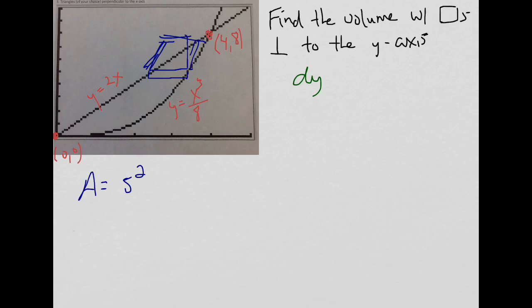What that means is that just like when we've done our rotational volumes, I can't just subtract and leave things in terms of x's, so I'm going to subtract them and have things in terms of y's. So in this thing, I'm going to solve for x and get x equals y over 2.